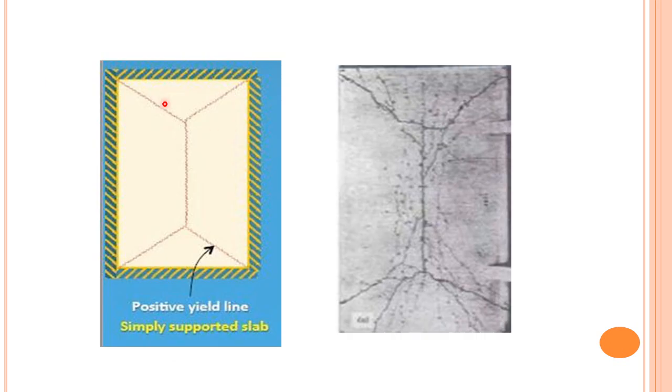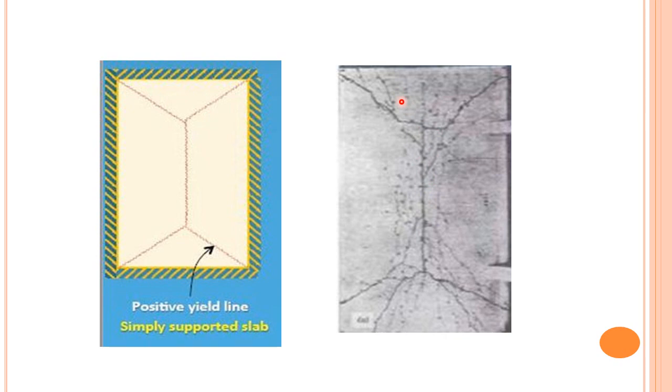Here you can see this is your simply supported slab, where you have only the positive yield lines. We don't have a negative yield line, because there is no rotational resistance at the supports. This is the practical view of this slab tested in the lab, where you can see these are the yield lines, these cracks.